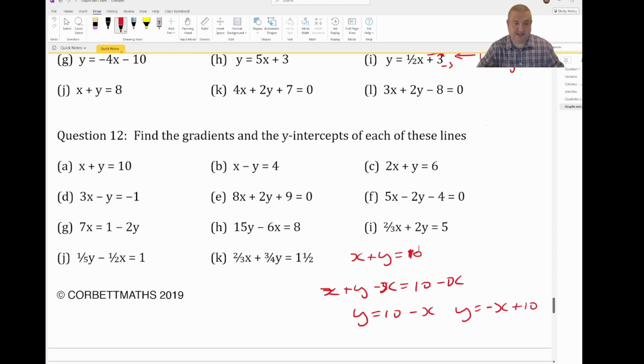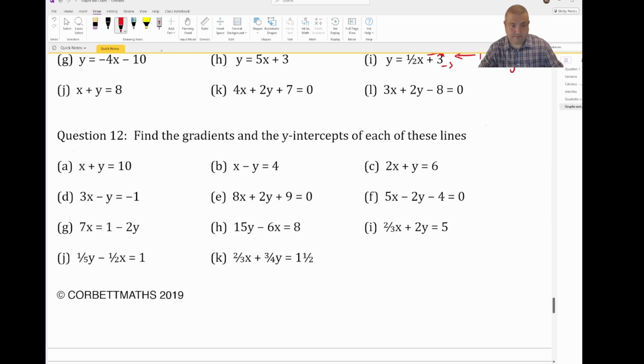Let's have a go at question C then, just to do another one. So C, we've got 2x plus y equals 6. Well, let's just take away 2x from both sides.